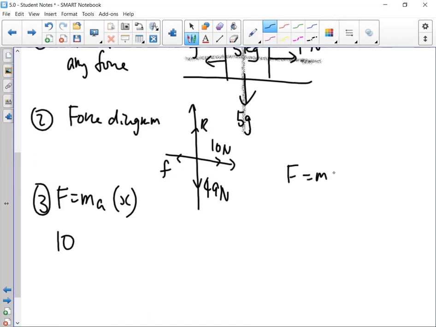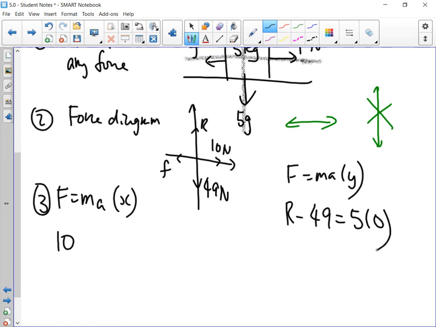The block is only moving left and right, not up and down, so on the y-axis there is no acceleration. The resultant force, upward force take away downward force, equals the mass times 0 acceleration. In other words, the y direction is in equilibrium.